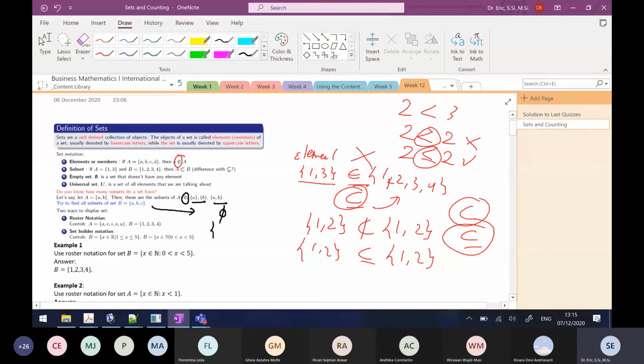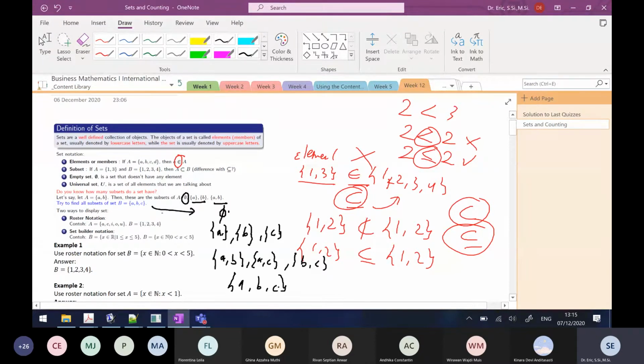There are 3 sets that have 1 element. And there are how many sets that have 2 elements? {a, b}, {a, c}, and {b, c}. So there are 3 subsets of A that have 2 elements. And finally, {a, b, c}. Okay, yeah? So you have 1, 2, 3, 4, 5, 6, 7, 8.